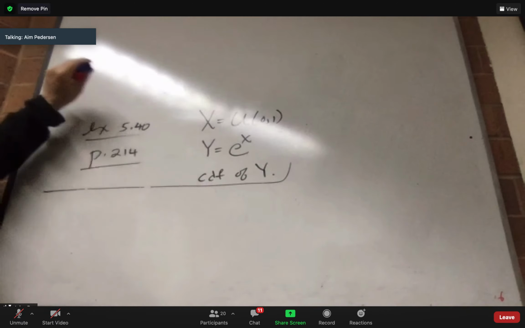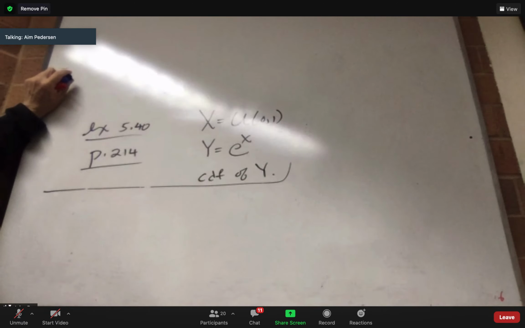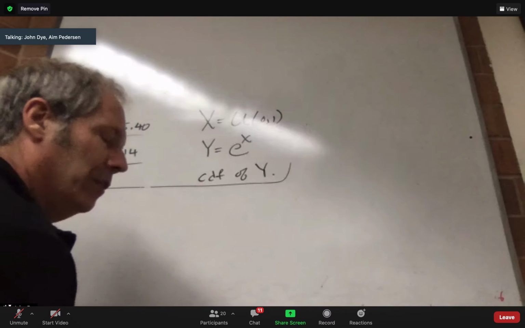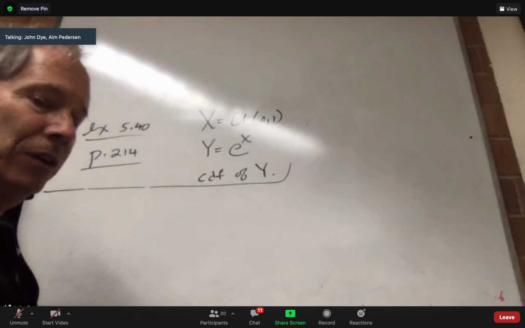Well, I want to make sure that it actually is a random variable, and to prove that, if you integrate it or take the sum of everything, you should get 1. It's the density function that integrates to 1.